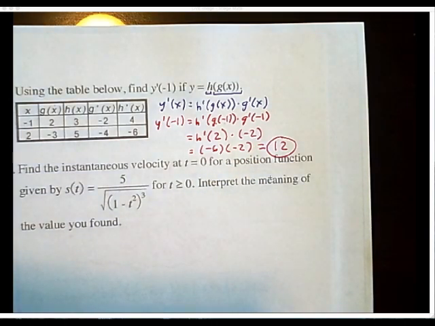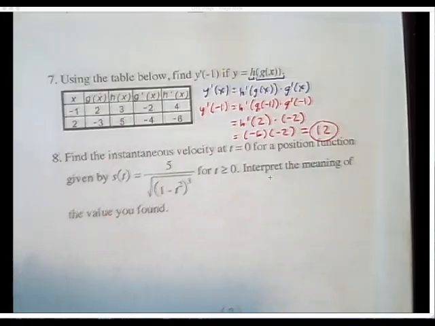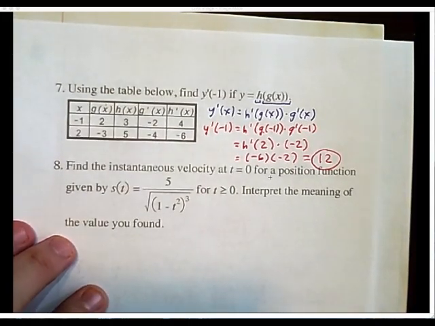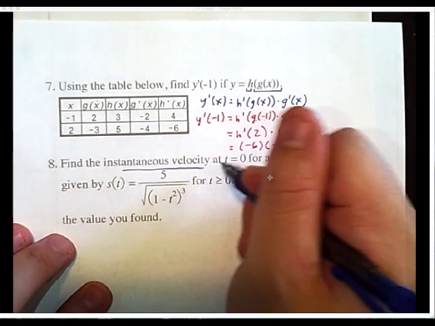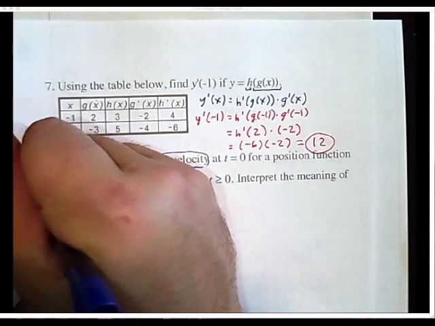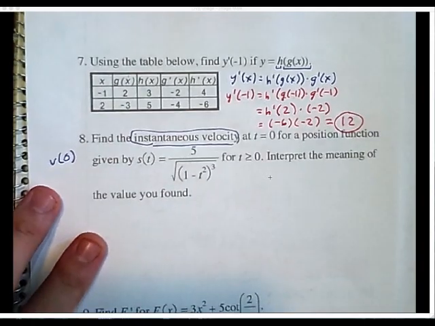All right, number 8. It says, find the instantaneous velocity at time equals 0. So what I'm looking for is v of 0.